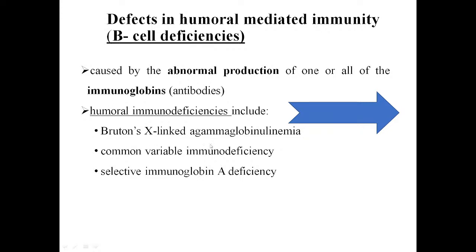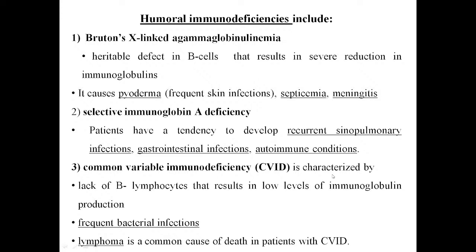So these are names of diseases that are caused by deficiency of B cells, by disorders of B cells. The first one is Bruton's X-linked agammaglobulinemia.